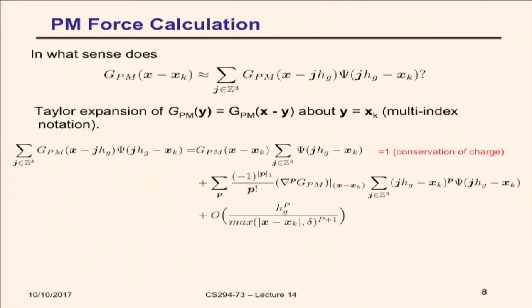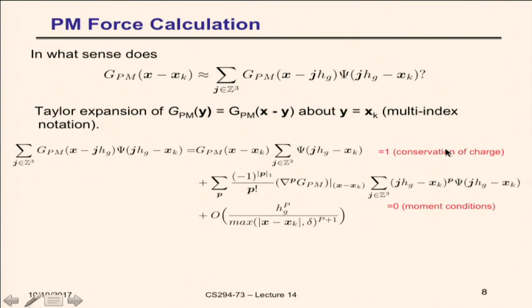What happens to the next set of terms? For p out to some finite capital P, saying that these vanish, those are what is known in this domain as moment conditions. This is a condition on what happens to sums over lattice points of shifted versions of psi. The 0th moment is identically equal to 1.